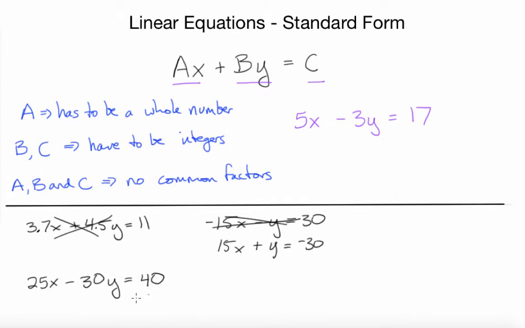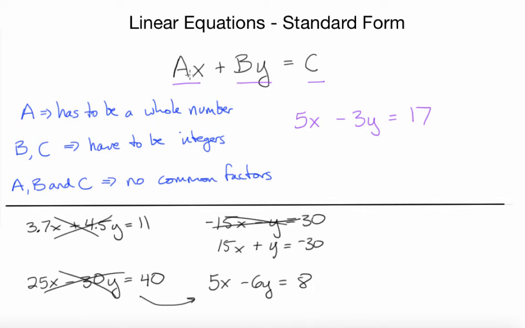So if I really wanted to put that into standard form, I would have to divide everything by 5 on both sides to get 5x minus 6y equals 8. That's not in standard form, but this is. 5x minus 6y equals 8 would be standard form because 5, negative 6, and 8 have no common factors.